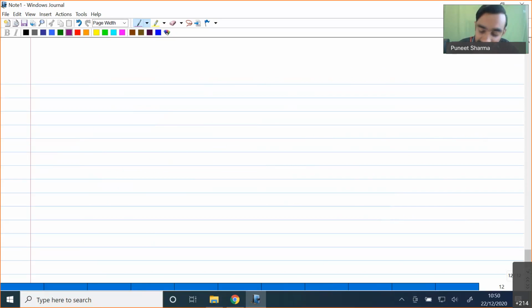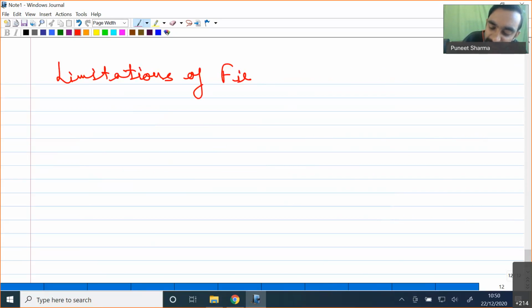Now let us try to see what the limitations of first law of thermodynamics are. There are certain limitations of first law of thermodynamics because of which we have to go for another concept, which is referred to as second law of thermodynamics.